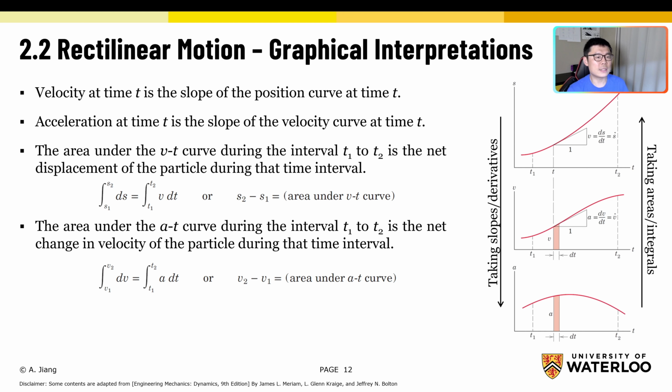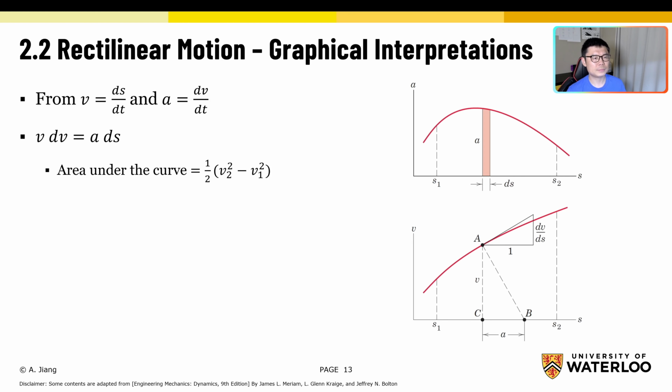So this is the same as what we did, but in a more generic form compared to the two simple examples we looked at. Now we can combine the two time derivatives of displacement and velocity to eliminate the dt part in them. Then we get an alternative form that does not involve the time variable at all.